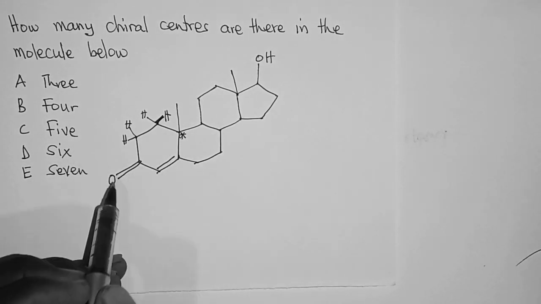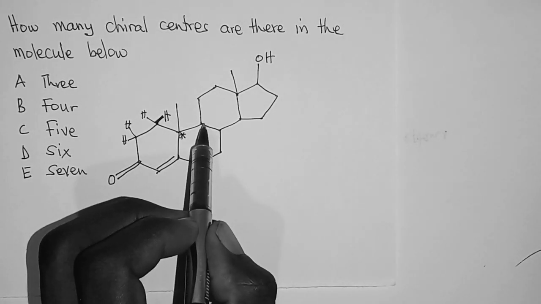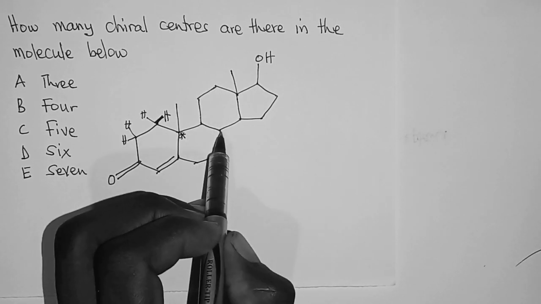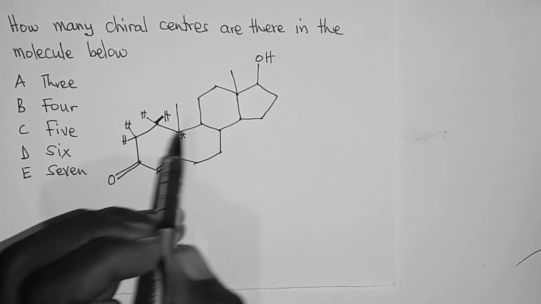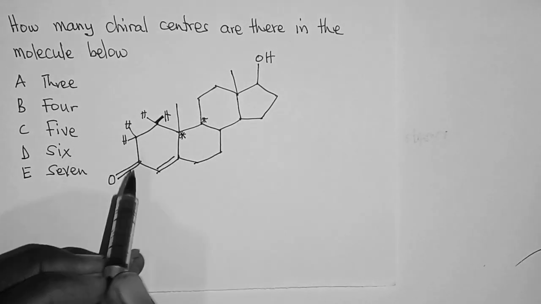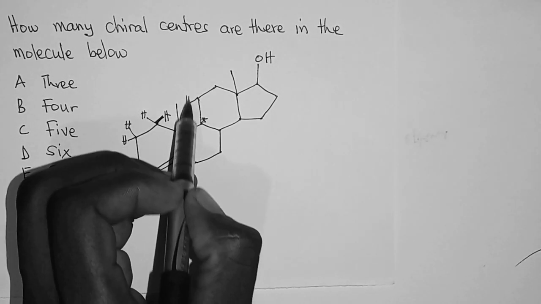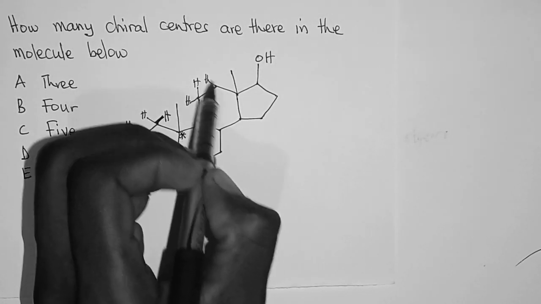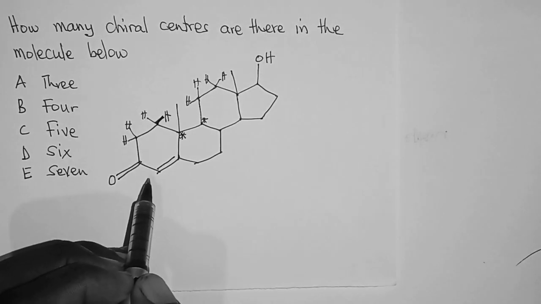Therefore, this is a chiral center. And with this one too, this carbon is different from this one, which is also different from this carbon. Therefore, this is also a chiral center. This one has two protons, so it is not a chiral center. This one also has two protons, it is not a chiral center.